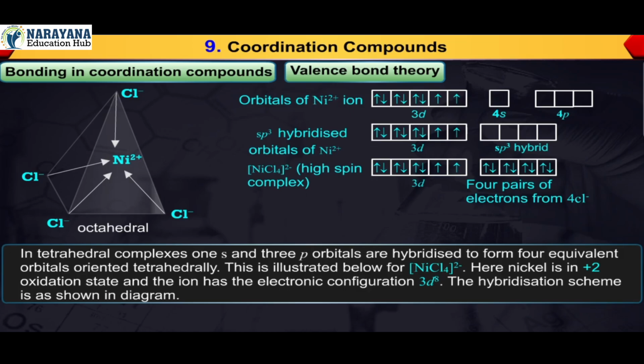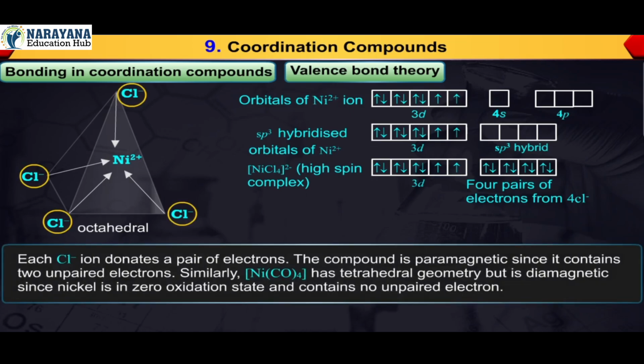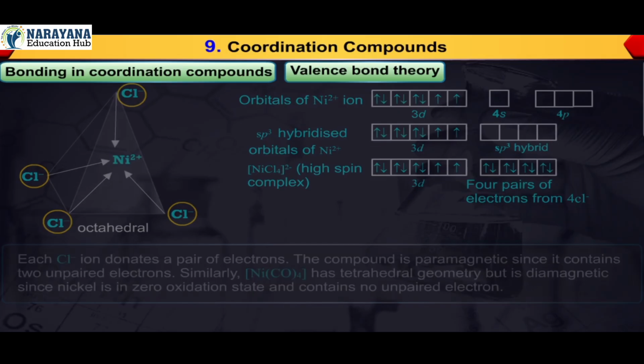The hybridization scheme is as shown in the diagram. Each Cl- ion donates a pair of electrons. The compound is paramagnetic since it contains two unpaired electrons. Similarly, Ni(CO)4 has tetrahedral geometry but is diamagnetic since nickel is in zero oxidation state and contains no unpaired electron.